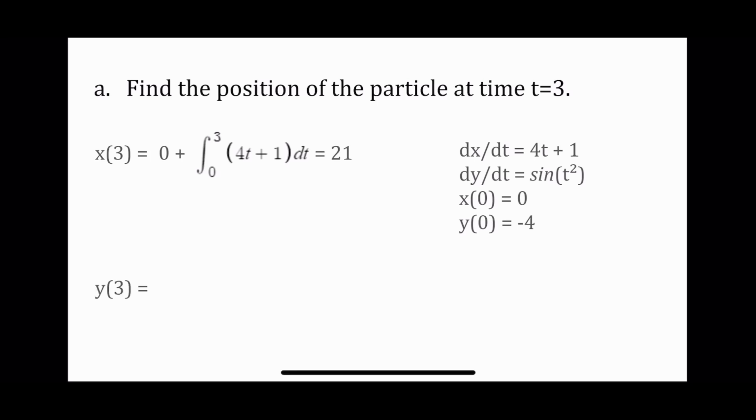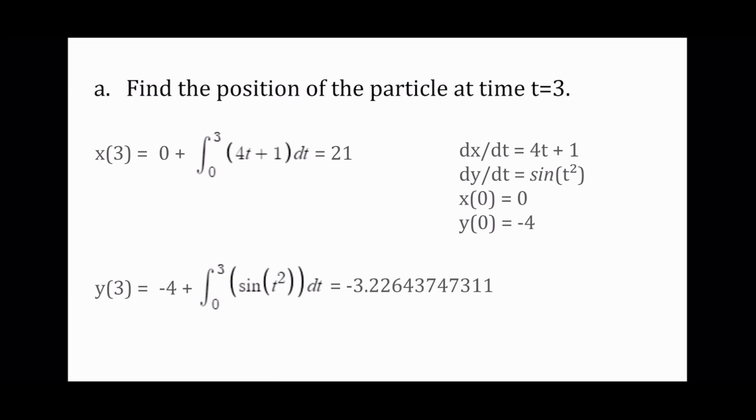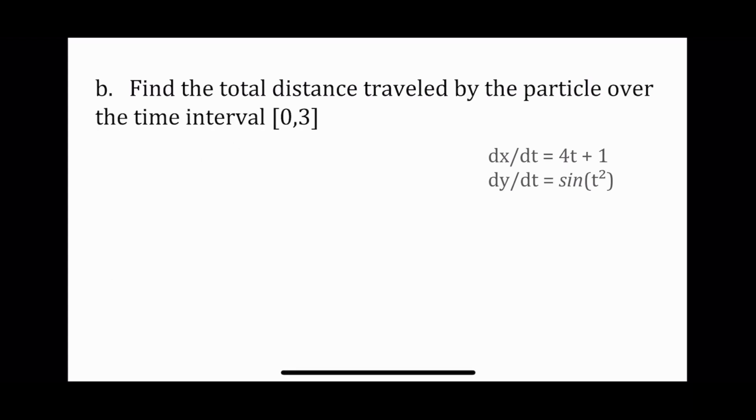And then for y of 3, you're going to have initial position -4, plus integral from 0 to 3 sine t squared dt, and that's going to give you approximately -3.23. And if you were to write this in the notation given, you would have 21, -3.23.